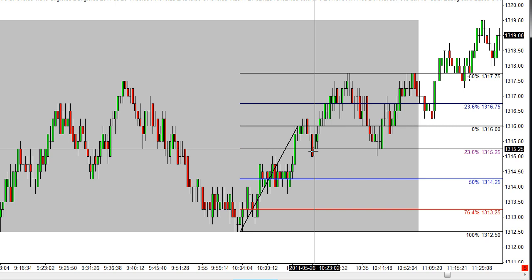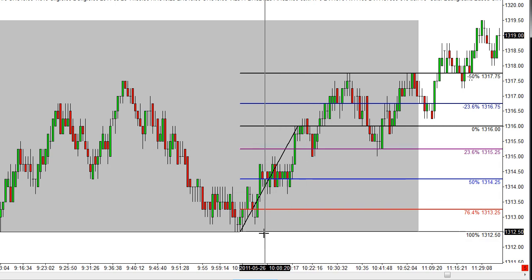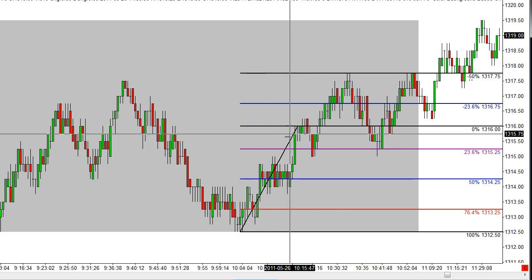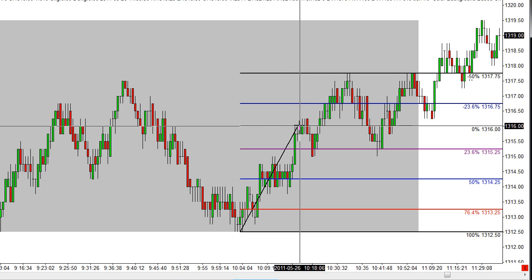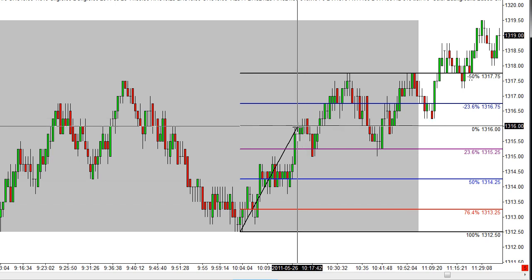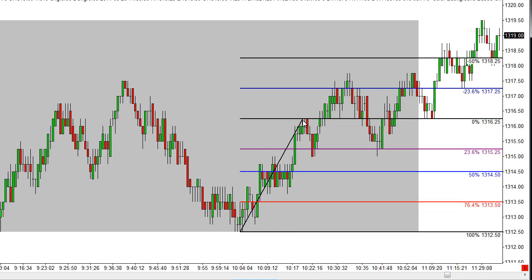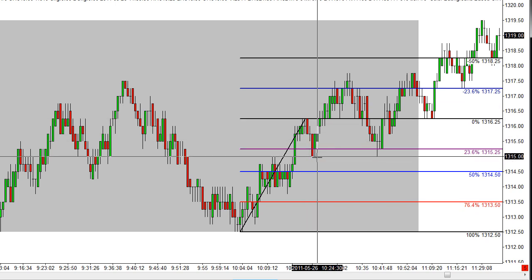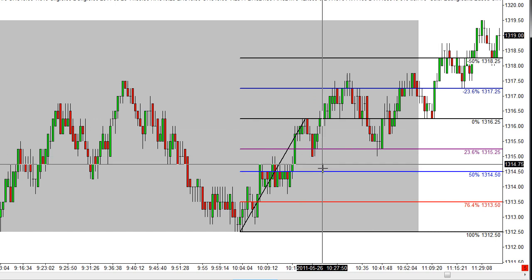Then you leave the 100% line where it is, leave the pivot low, and move the 0% line to the new pivot made past the original 0% line, to the new high that was made here. The high is here, so I would just move my 0% line to the new high. As you can see, price retraces here.